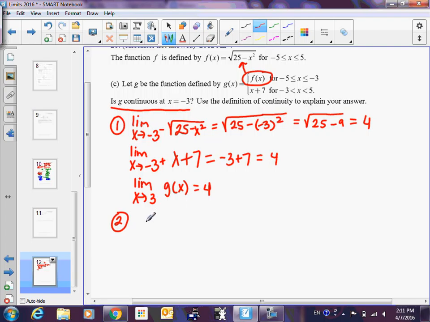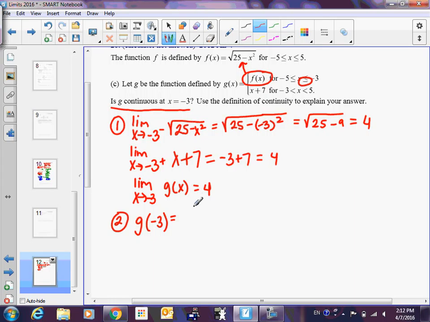All right, what are we doing in part 2? The point. So we're doing, oops, there should be a negative right here, sorry. We're doing not f of, I'm getting distracted here. Okay, we are going to do g of -3, because we're trying to prove that g is continuous. Now, we already know that it comes from this equal to.